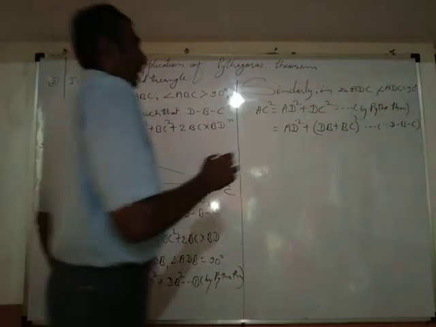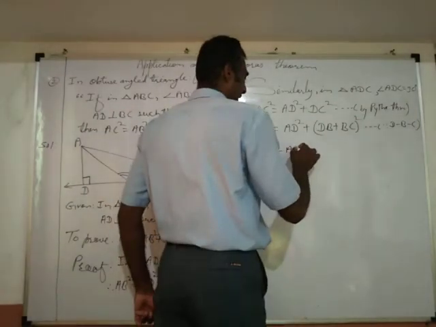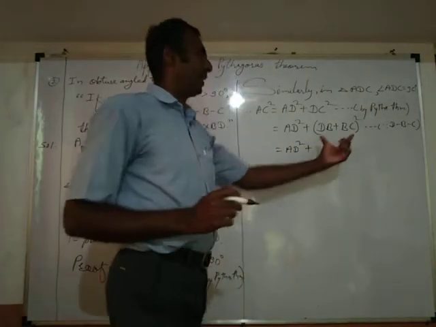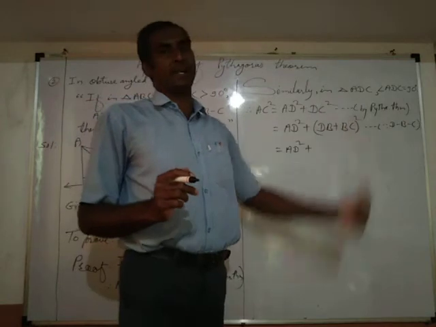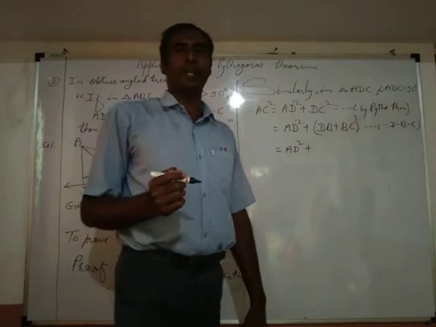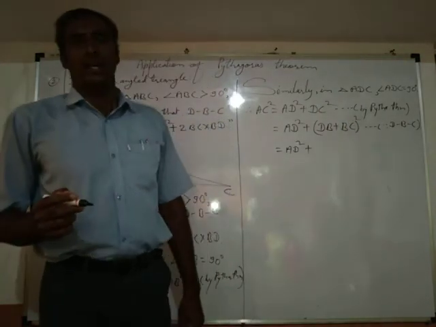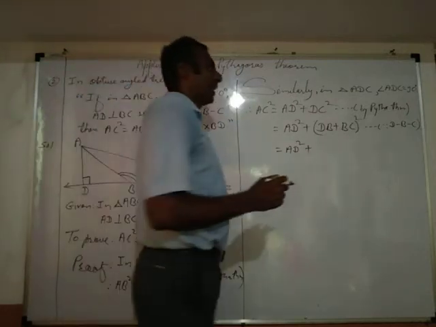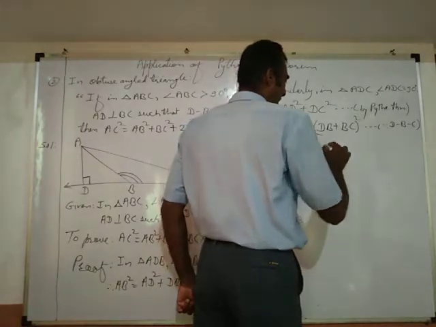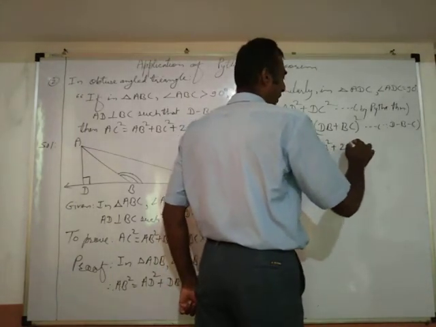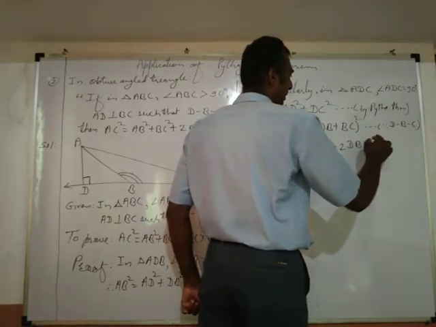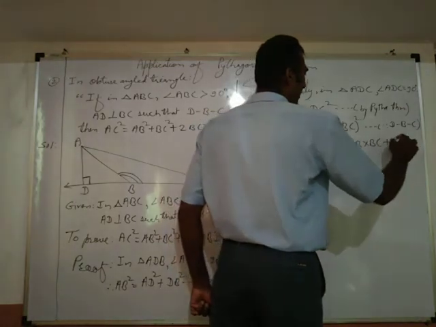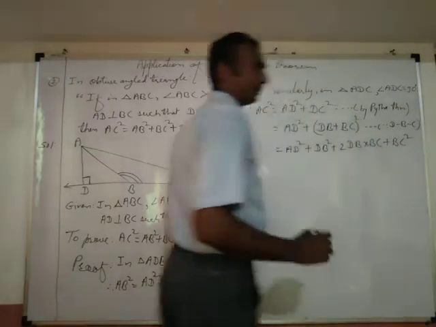Okay. And that equals AD square plus, now it is in the form of A plus B bracket square. And we know that A plus B bracket square equals A square plus 2AB plus B square. Applying that identity, we can write DB square plus twice of DB into BC plus BC square.